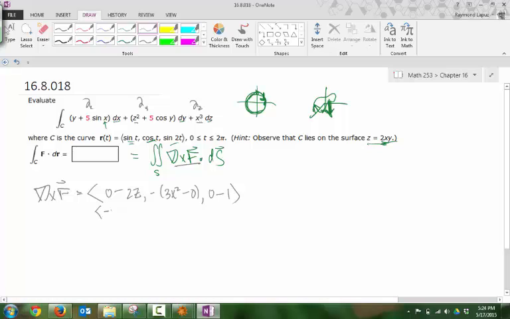So simplifying that, we got negative 2z, another negative 3x squared, and then a negative 1.